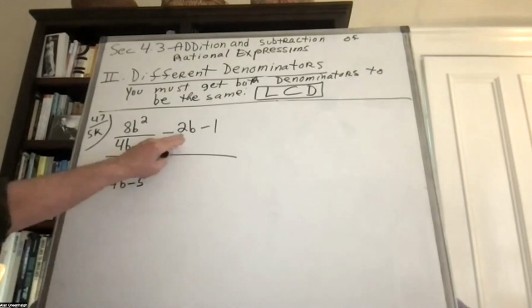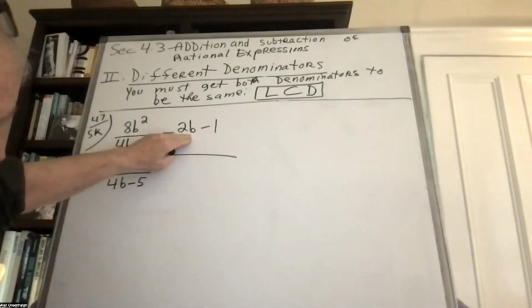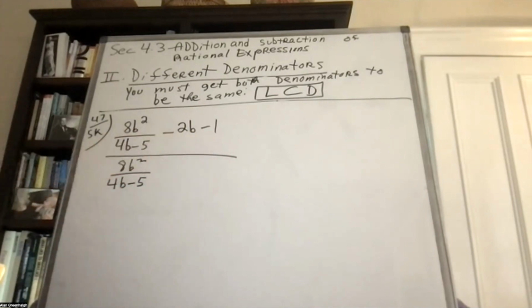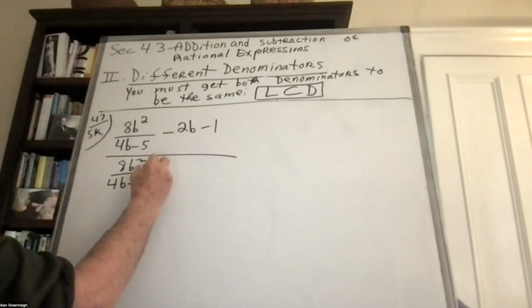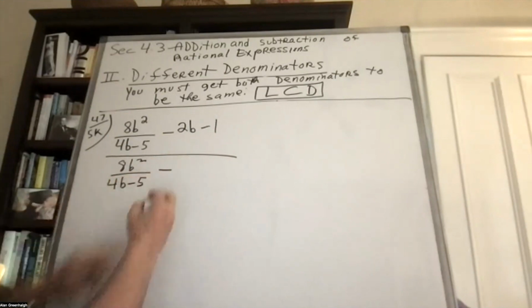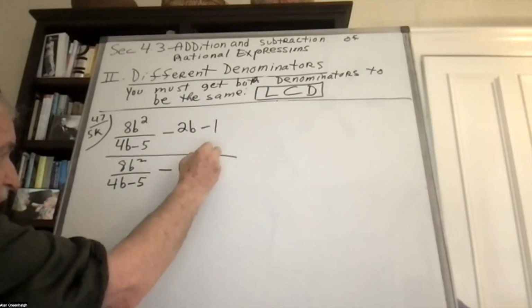The whole problem is right here, in my opinion. If you could settle this and make this look decent, then you've got a fighting chance. So I think if you factor out a negative, this would be 2b plus 3, plus 1, excuse me.